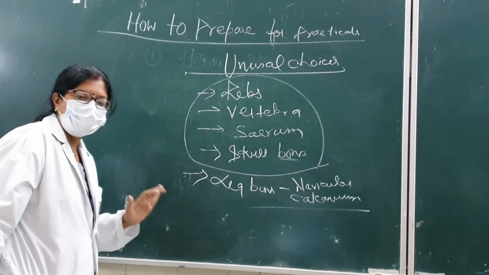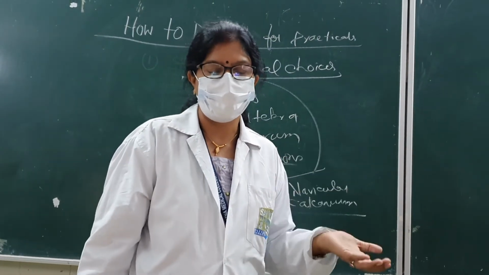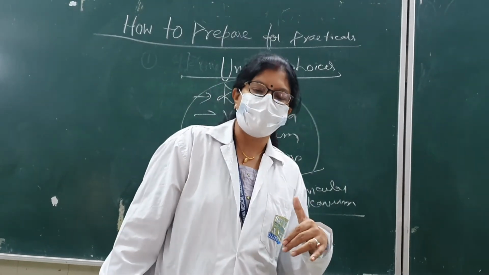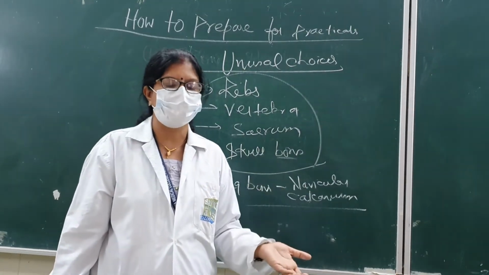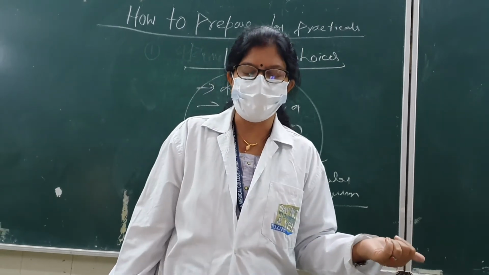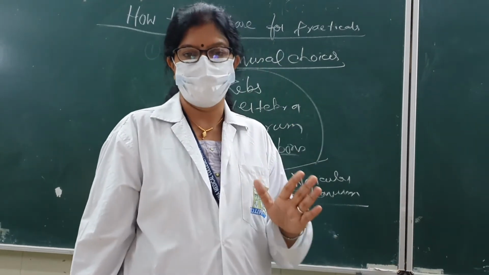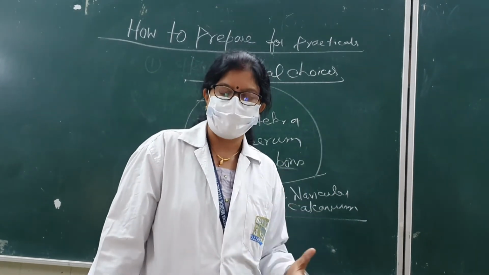Don't think these are very tough, or wonder how should I give viva on them. They appear difficult because you don't study them. If you study them, then what will happen? It appears very easy to you and you can easily answer those questions.